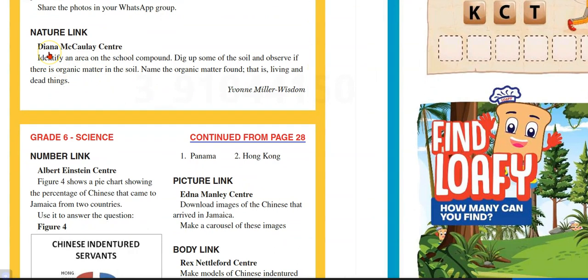It says here, identify an area on the school compound, and we can dig up some of the soil and observe if there is organic matter in the soil. Name the organic matter found. That is, is it living and dead things?